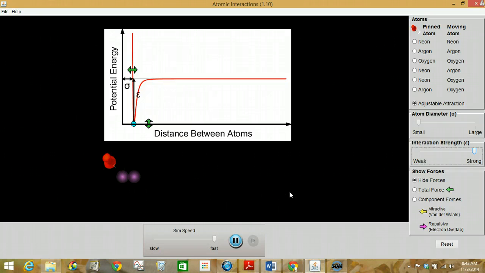So we're supposed to notice the bond length between the atoms, and we're going to flip back to oxygen so you can compare what that looks like in comparison.